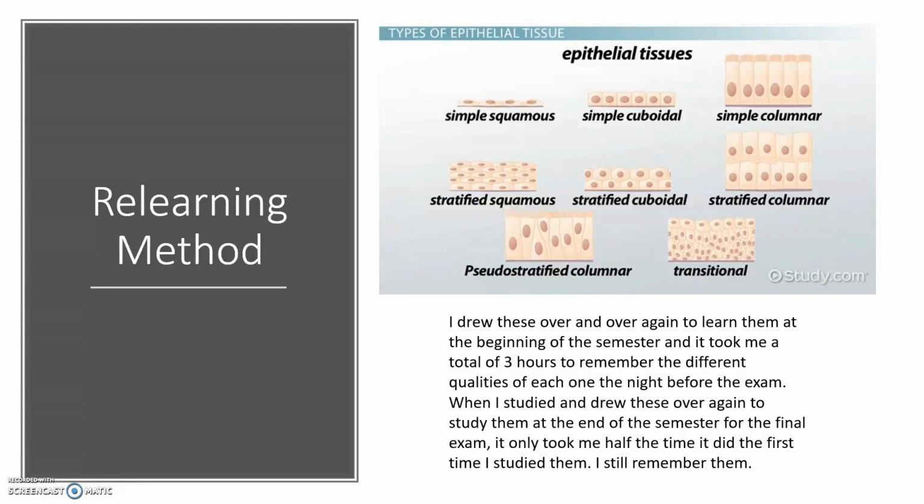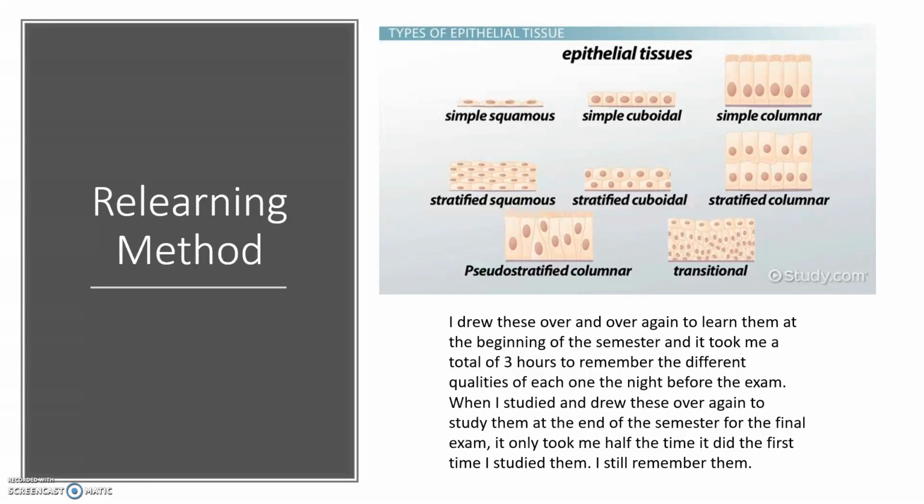I can vouch for this because at the beginning of my anatomy 1 semester, I had to study the epithelial tissues. I had to know all these, how to draw them out, the different characteristics of each. So when I was first studying for these, I drew them over and over and over again.